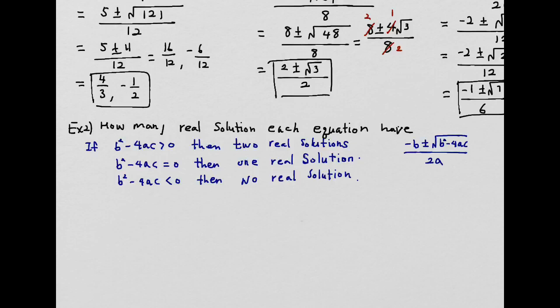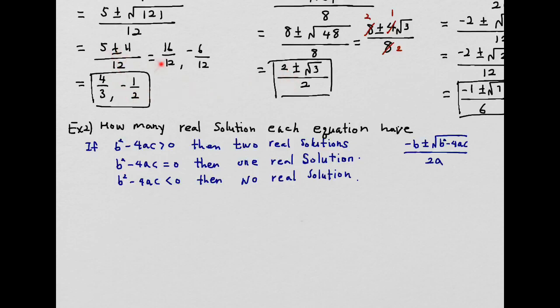Okay, next example, we're going to look at how many real solutions each equation has. In order to solve this, we need to understand the quadratic formula. Looking at the quadratic formula right here, in the previous example we had 2 solutions. Why is it 2 solutions?